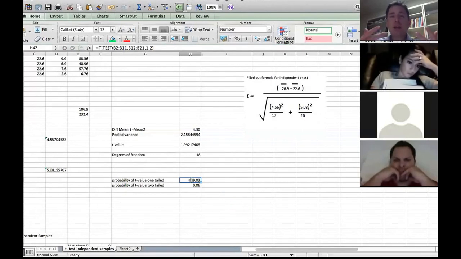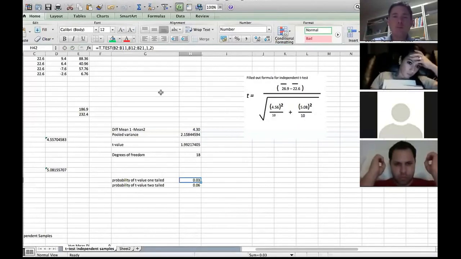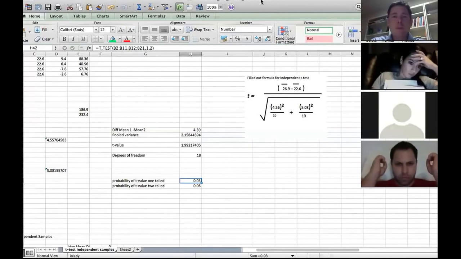So imagine we had a one-tailed hypothesis, a directional hypothesis. What would you guys conclude? Would you retain the null or reject the null? The probability is 0.03.